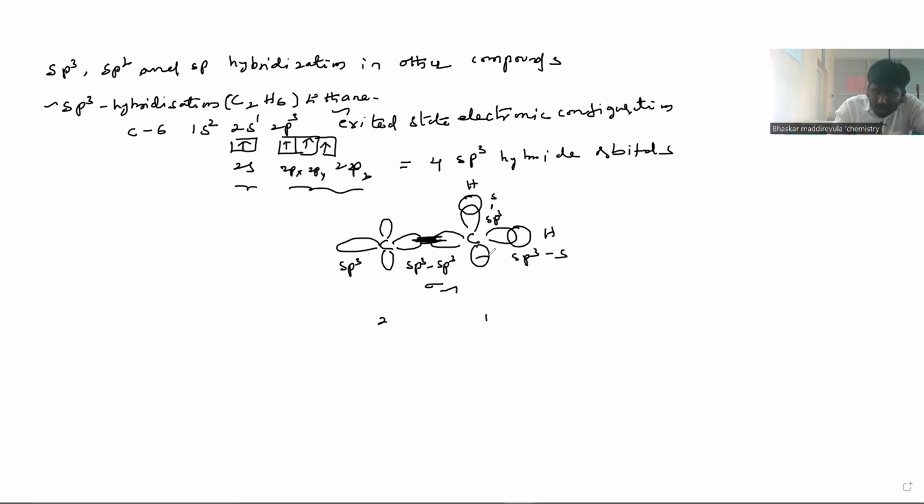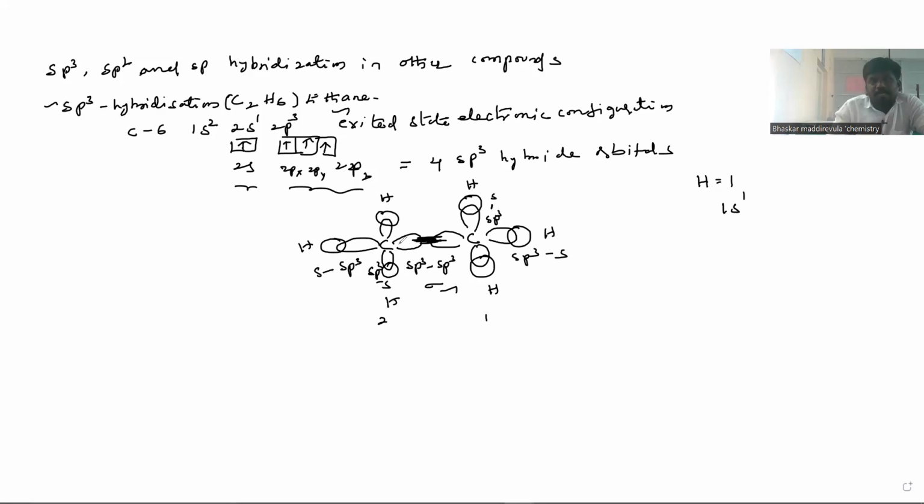We know hydrogen has atomic number 1 and electronic configuration 1s1, so there is only one electron in the outer shell of hydrogen. In the same way, the remaining 3 orbitals also overlap with the s orbital of hydrogen, sp3 with s overlap.